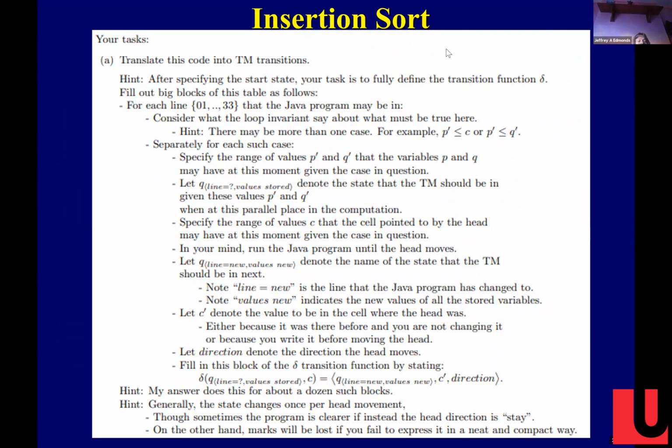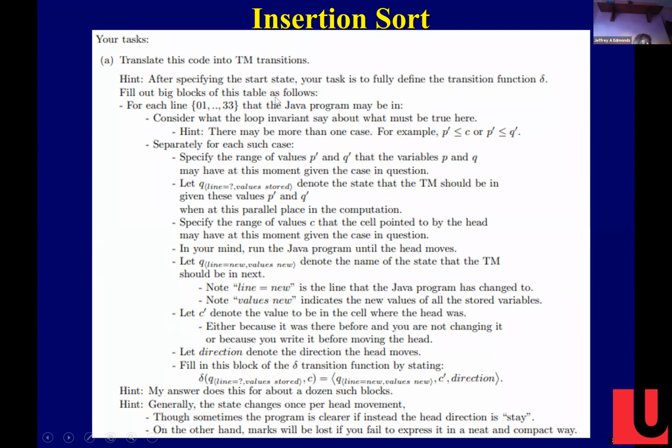Maybe the case is that P prime is less than C, or maybe the case is that P prime is less than Q prime, right? Now I don't know which way the code will go, right? So I roll back to where I started. Remember, I started on, say, maybe line 9. And I said, I'm on line 9. All right, consider what's true at line 9, right? Maybe I'm at the top of the loops.